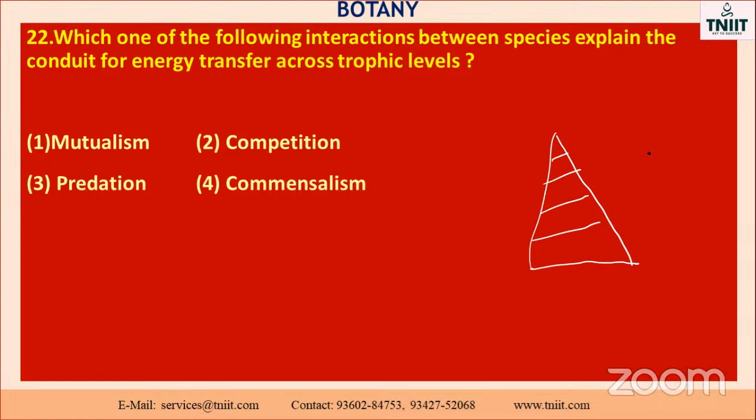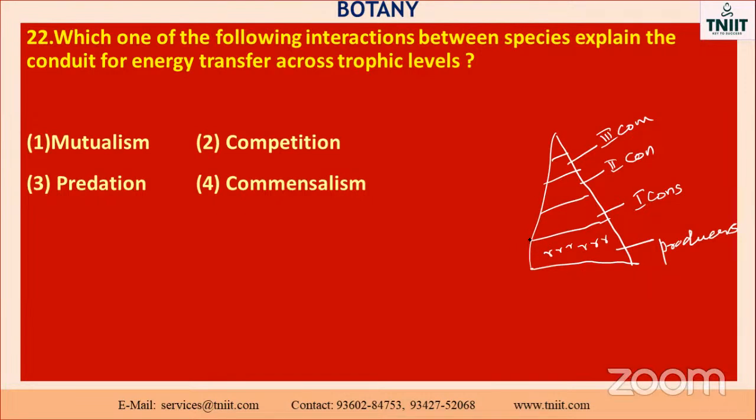Take an example of any one trophic level. This is considered the producer, and then the first consumer. This one is called the second consumer, then the tertiary consumer, like that it comes, isn't it? Producer means maximum, isn't it?